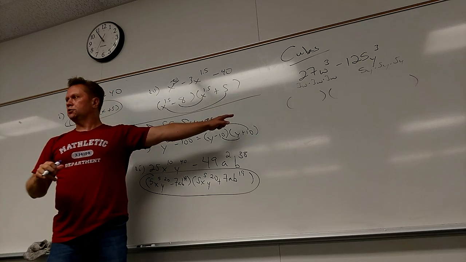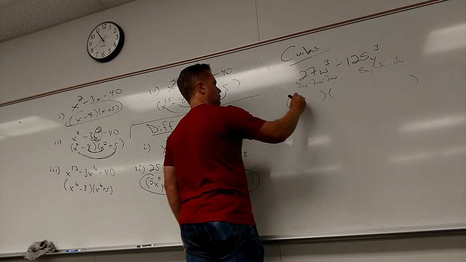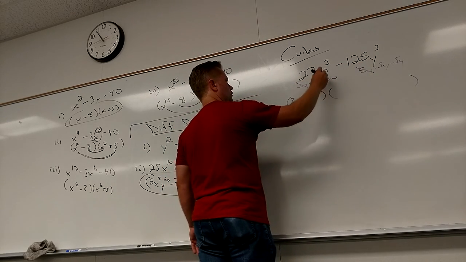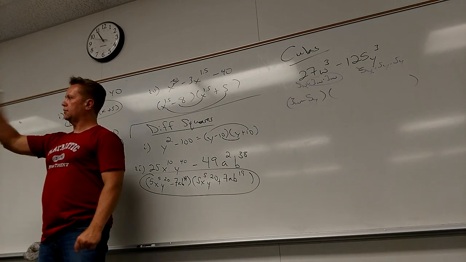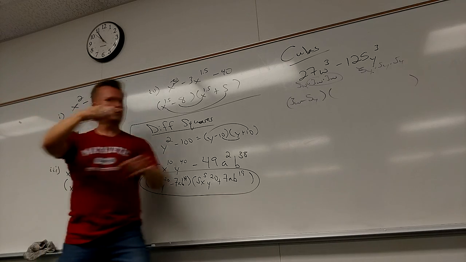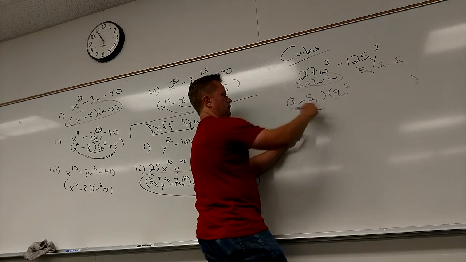So what goes in the little one? 3W minus 5Y. Yeah, 3W minus 5Y. So those two 3Ws, what's 3W times 3W? 9W squared. It's got to go in the front, right? So it goes with this one. So 9W squared.